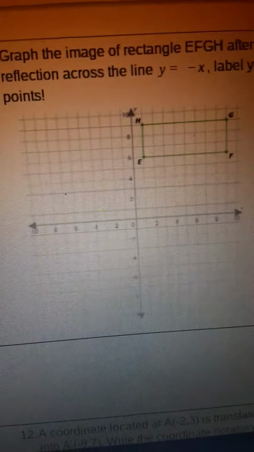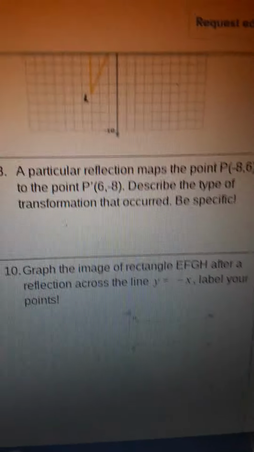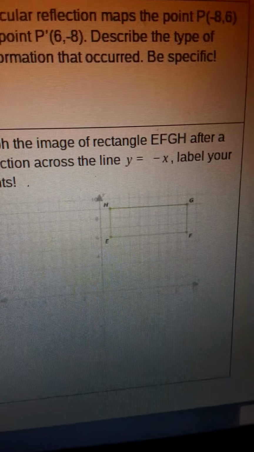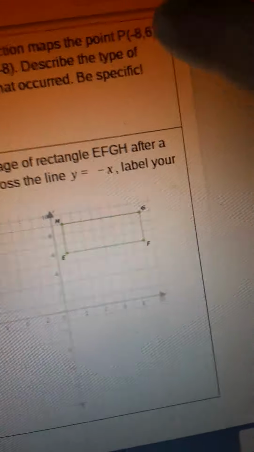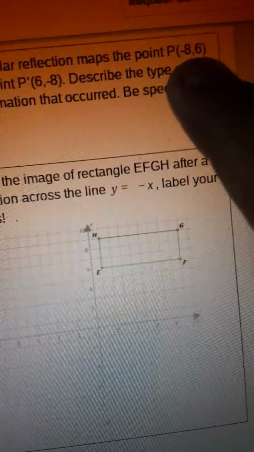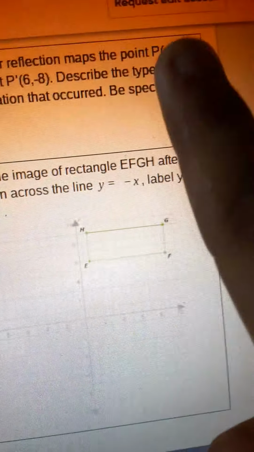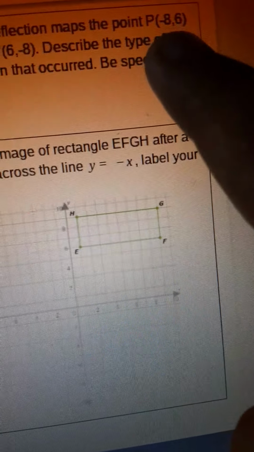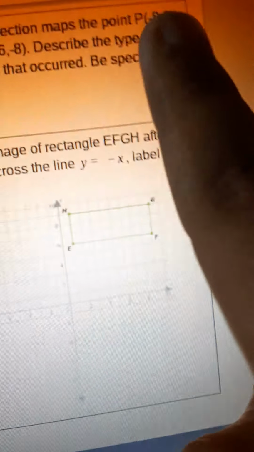Graph the image of rectangle EFGH after reflection over y equals -x. Just like right here, that was y equals x. Now we have y equals -x, which is basically the same thing, except now that you swap them, you have to change the signs. So if this was a y equals -x function, it would have been -6 because it needs to change, and 8 because it needs to change.